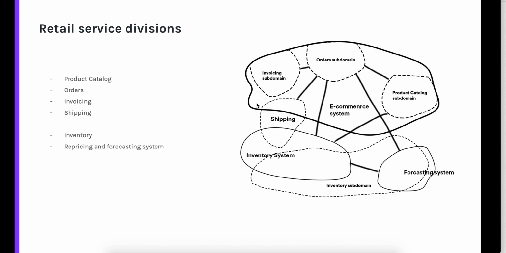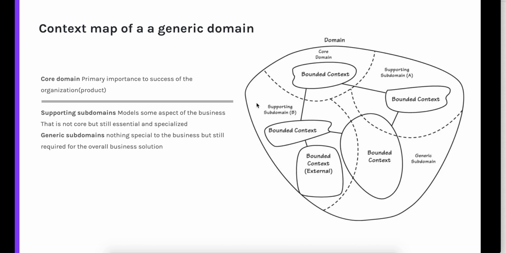Previously you could see the e-commerce bounded context had 4 subdomains in it, and this becomes really hard to maintain, because later on, if you want to add new concepts, you need to apply them in a very different fashion in one bounded context. But here you have different bounded contexts for each of the subdomains. Though I should say that a bounded context could potentially slice over 2 or 3 subdomains of different types, as you can see in the center.